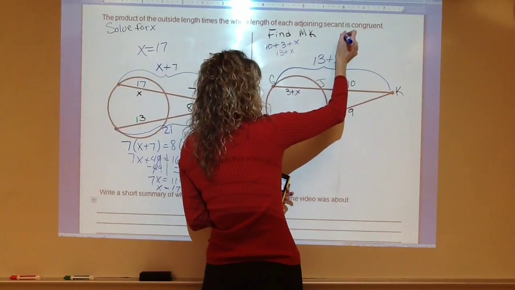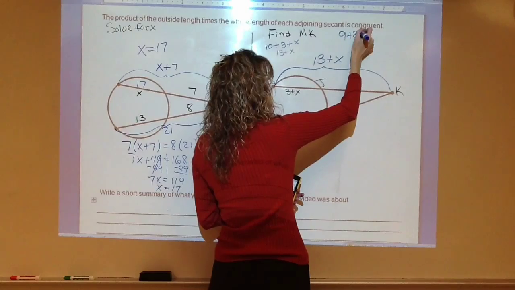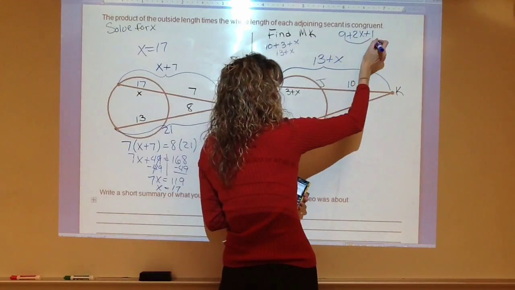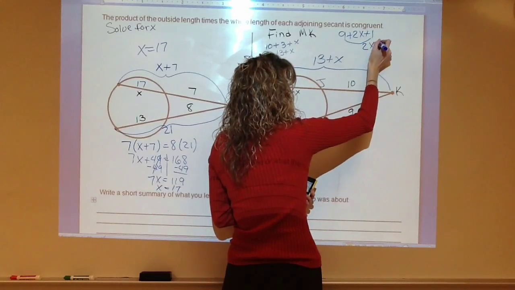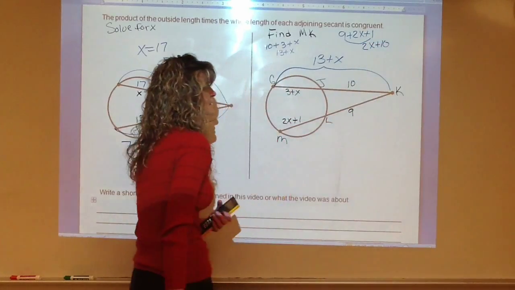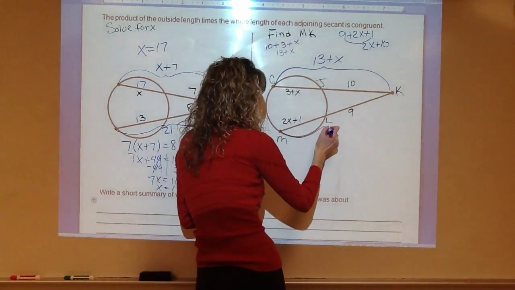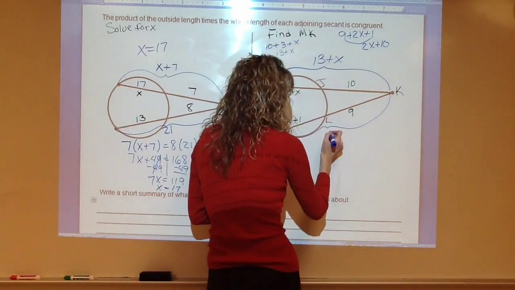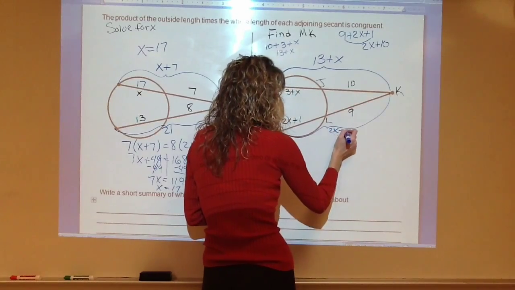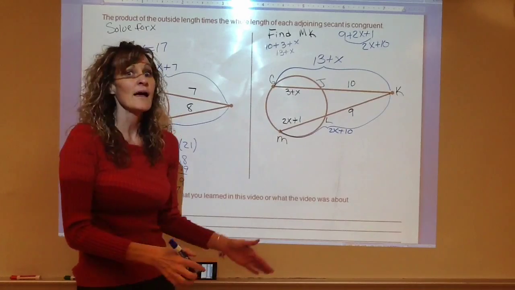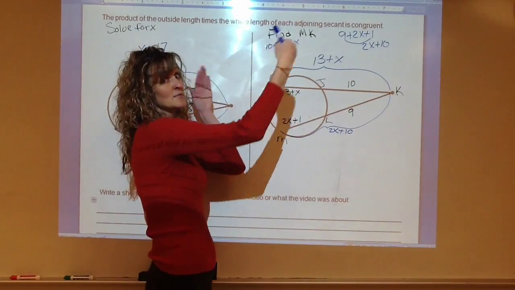So it will be 9 plus 2x plus 1. Well, these two can be added together. So it's 2x plus 10 because 9 plus 1 is 10. So this whole piece is 2x plus 10. Okay, secant is outside times the whole thing.